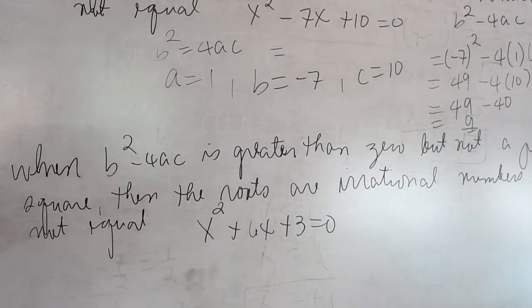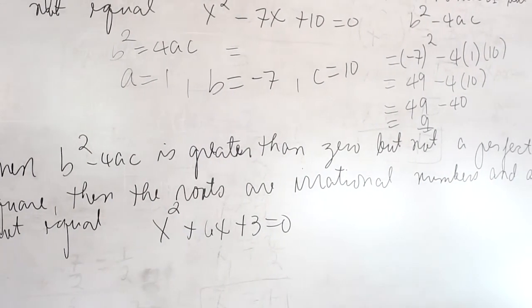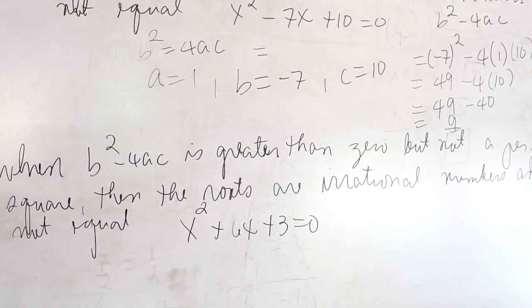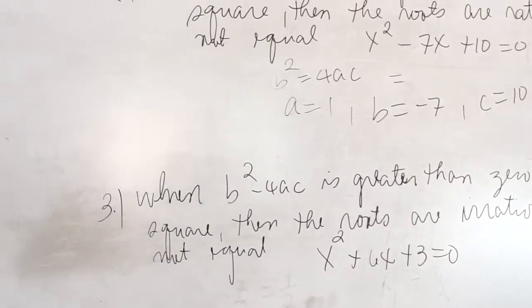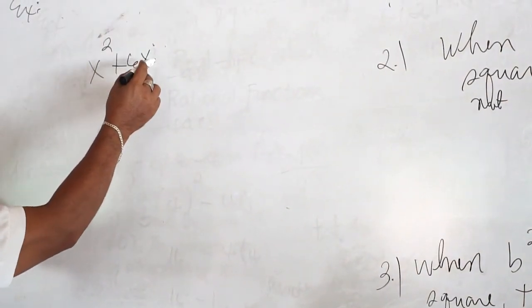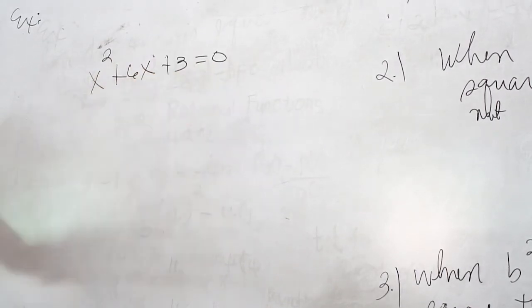For example number 3, when b squared minus 4ac is greater than 0 but not a perfect square, then the roots are irrational numbers and are not equal. So this time you have to describe the nature of the roots of x squared + 6x + 3 = 0.